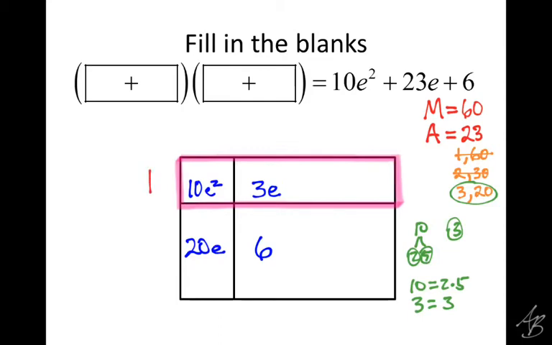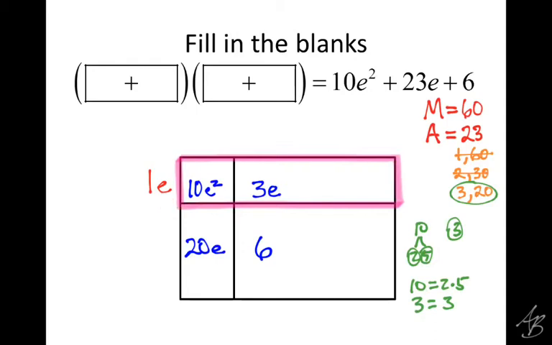All right, so the GCF there is 1, but then we also need to consider the variables. How many e's do they have in common? 1 in common, because this one only has 1 right here, right? So the GCF of 10e squared and 3e is 1e, and we're going to use that as the height.